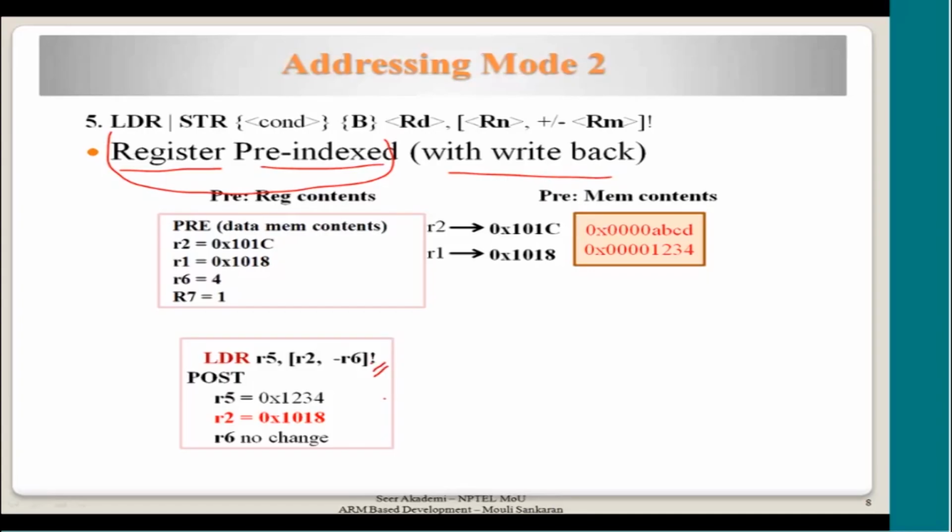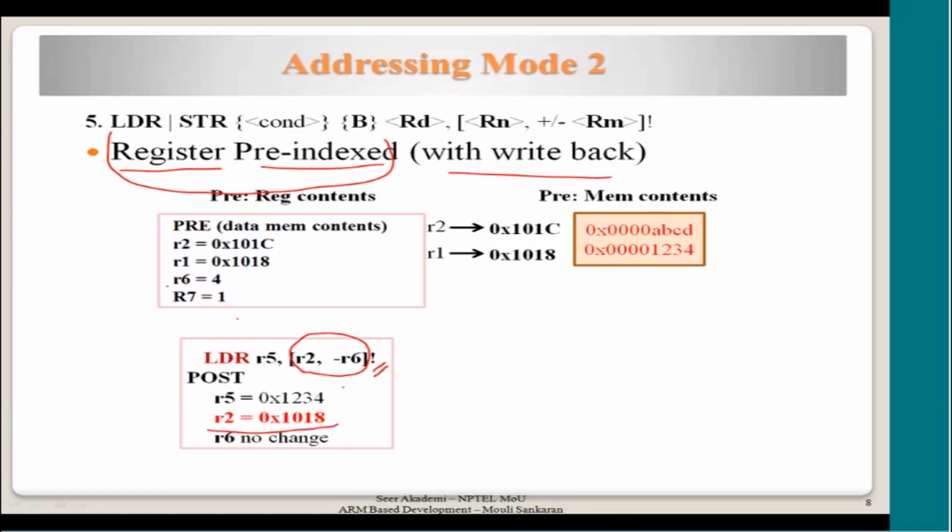Now what is happening is it is doing the same pre-index. That means calculating the address because it is within the square bracket. So it is calculating the address to use it in the memory cycle. But now the processor is told whatever you compute, write it into R2 now. Okay. So R2 will be modified with what value?